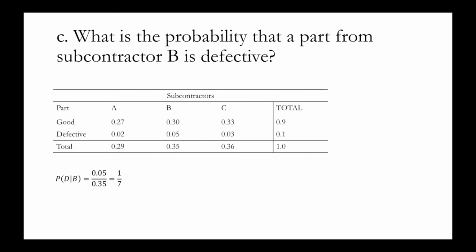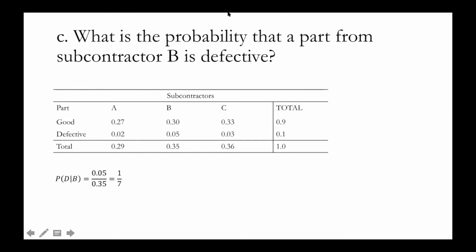So the conditional probability of having a defective product, given that the product is from subcontractor B, we will use the formula presented in the beginning, where the probability of an event given another event will equal the probability of the intersection, having a defective product, this first event, divided by the probability of the other event.